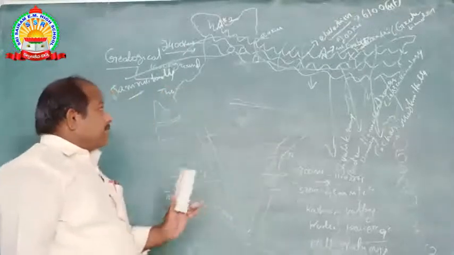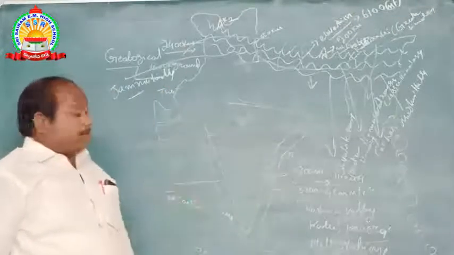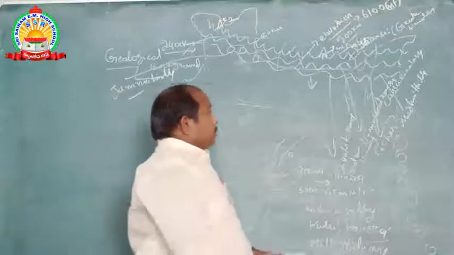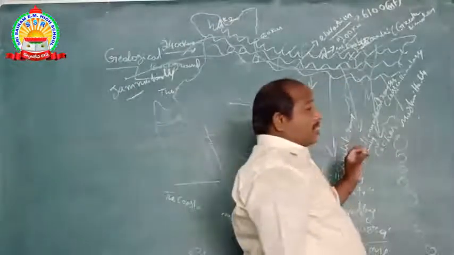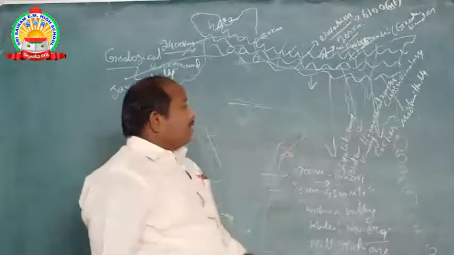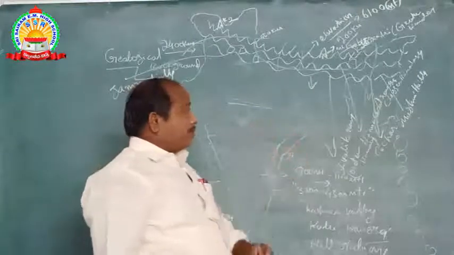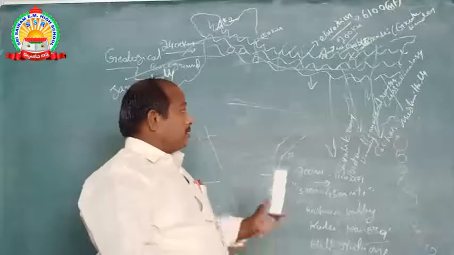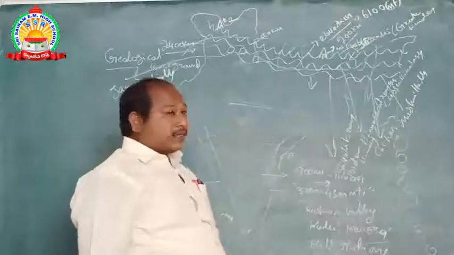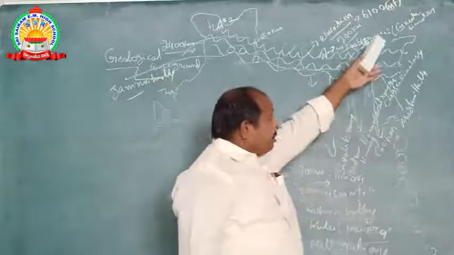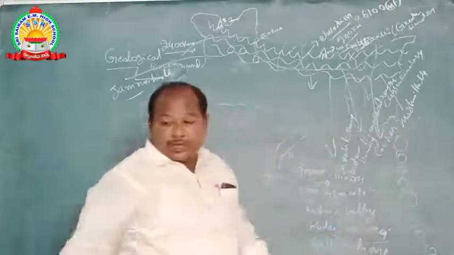Let us discuss Purvanchal ranges. In Assam, beyond the Dihang Valley, there are ranges known as Purvanchal ranges. These extend north to south.